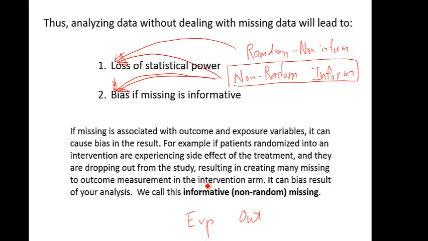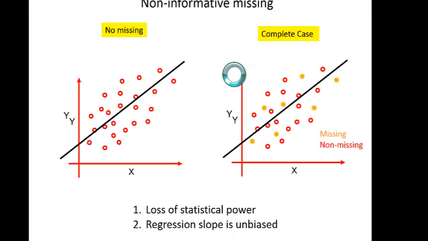And your result might indicate the intervention actually works, but it's just because of this missingness. And unfortunately, most missingness happens in a non-random manner. Okay. And so let's learn how to deal with those. Before I introduce you to methods of imputation, let's talk about what is random and what is non-random.